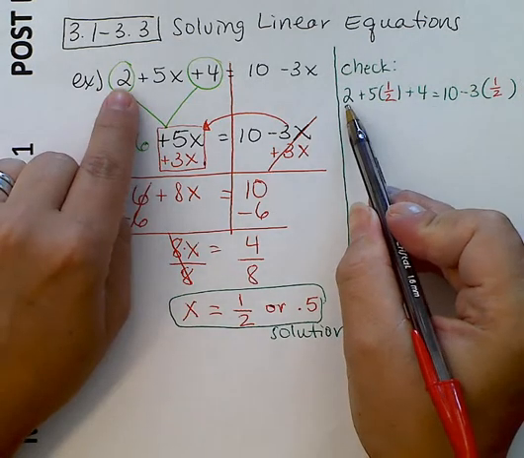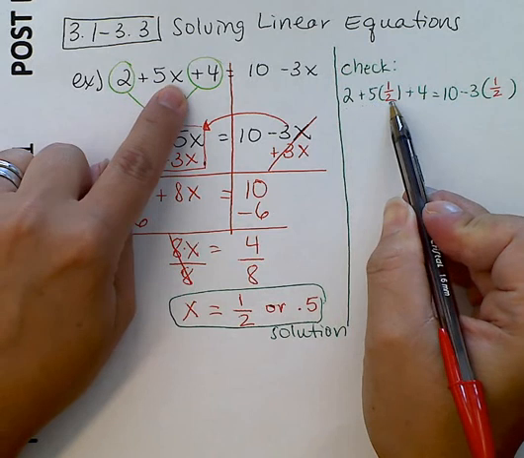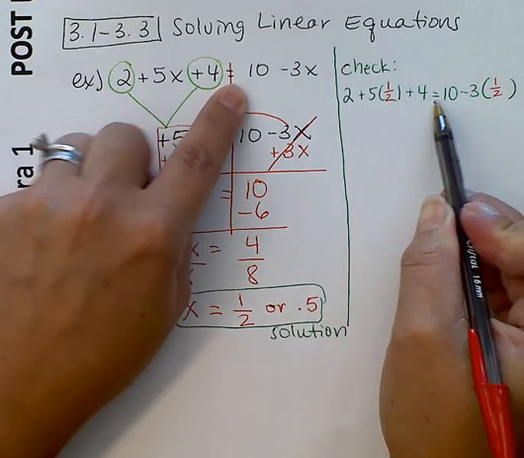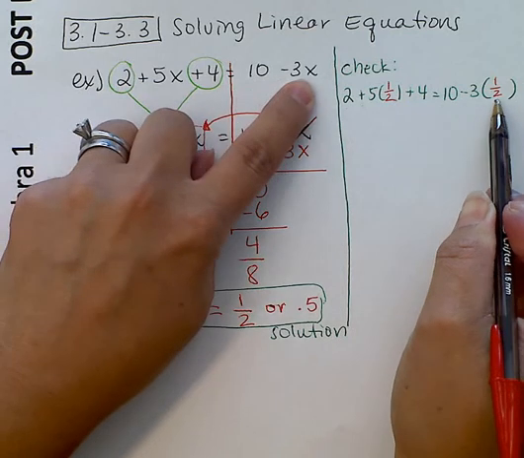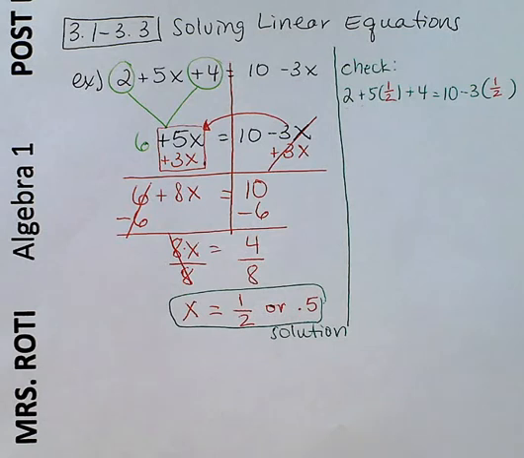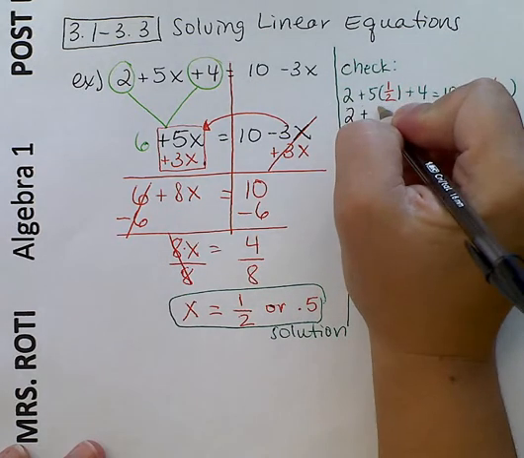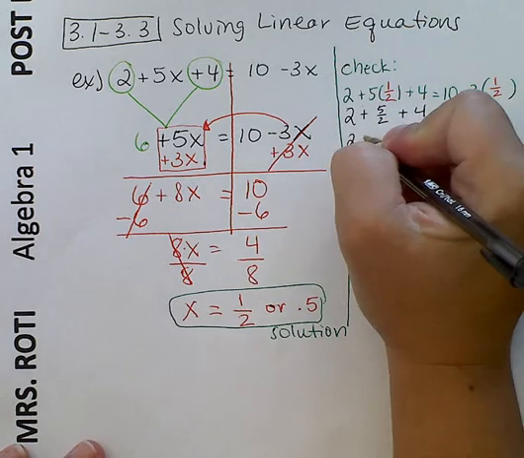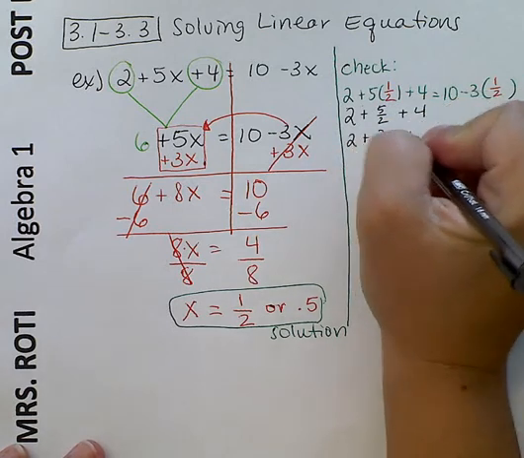2 plus 5x, our solution, plus 4 equals 10 minus 3x, our solution. Let's go ahead and calculate that. 2 plus 5/2 plus 4. We could also say 2 plus 2.5 plus 4.